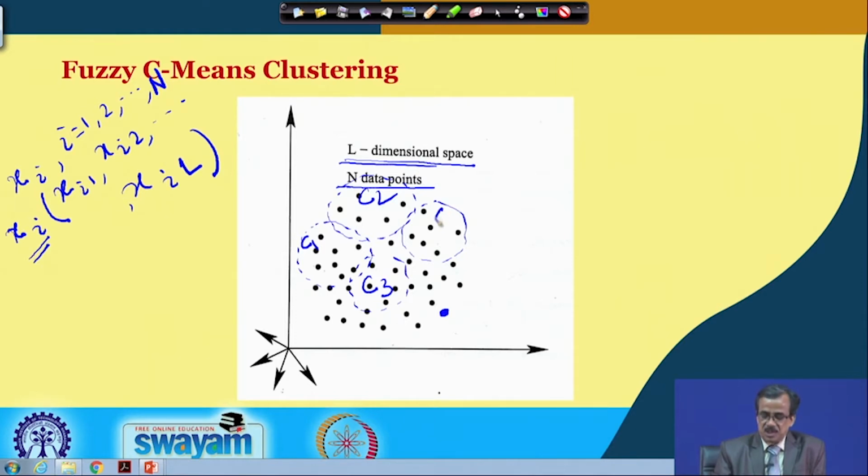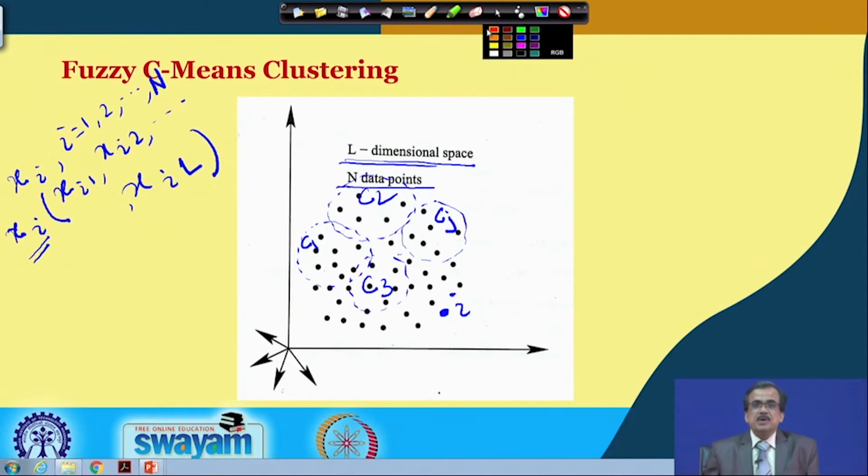So, this is nothing but the cluster j. There could be some other clusters also. Now, how to take the decision whether this particular data point, say the ith data point, should belong to any one of these clusters or not? How to proceed? The way we try to solve the problem is as follows.